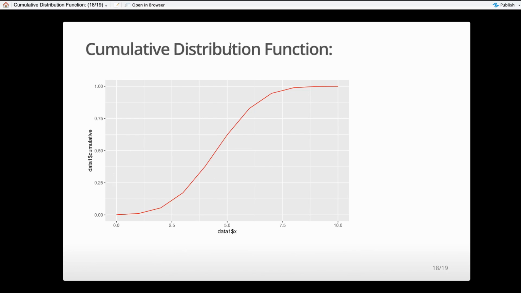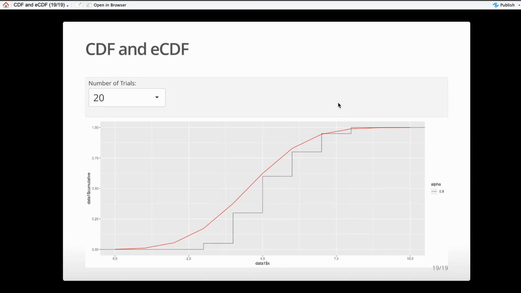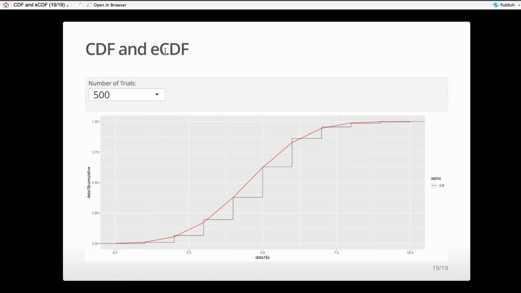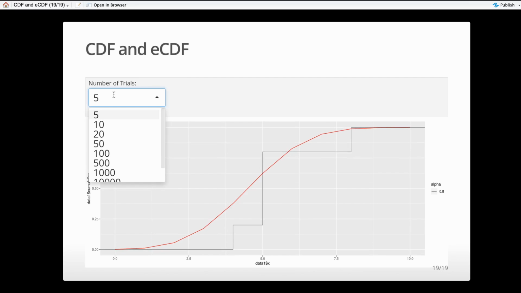So again, this cumulative distribution function is coming from theory, and then you can see how it matches up with the empirical cumulative distribution function. So the black line is the empirical cumulative distribution function. And again, if you have a very low number of trials, there's not much guarantee that it's going to look very much like your theoretical one.